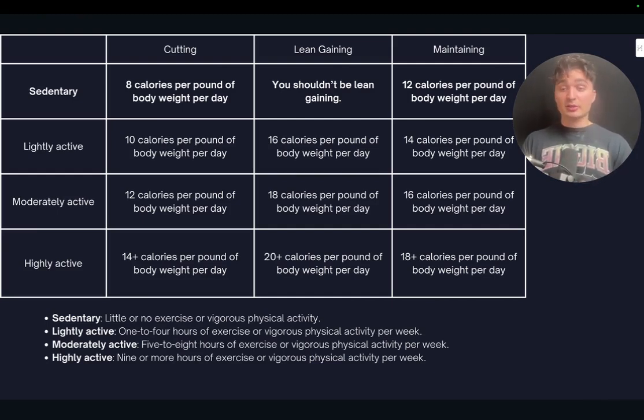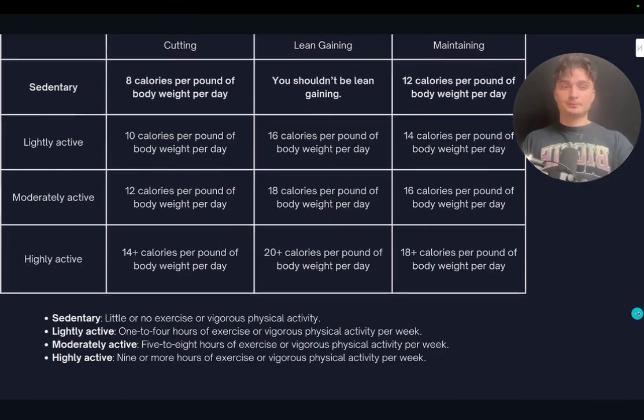As I mentioned earlier, lightly active is 1 to 4 hours of exercise, maybe 1 to 4 days in the gym. Moderately active is 5 to 8 hours of exercise per week, which may be 5 days in the gym plus 3 hours of cardio a week. And if you're highly active, that's 9 or more hours of exercise per week. So again, cross-reference this list with this table, and whatever bracket you fall under, that's what you need to make a note of.